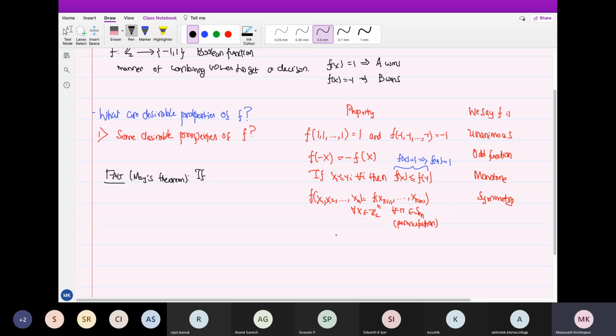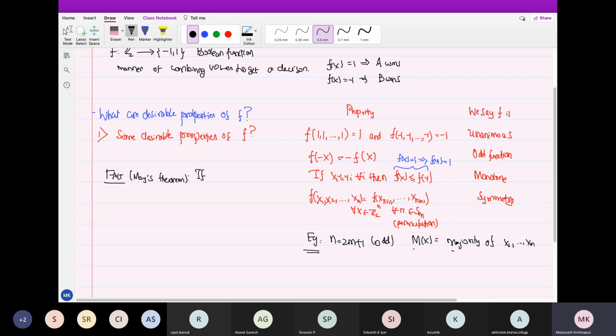Let's do an example. Let n be 2m plus 1, odd, so that majority can be defined. And M of x is the majority of x. That means if more of them are plus 1, then this is plus 1. If more of them are minus 1, then it is minus 1.